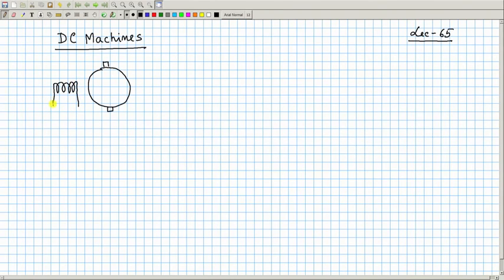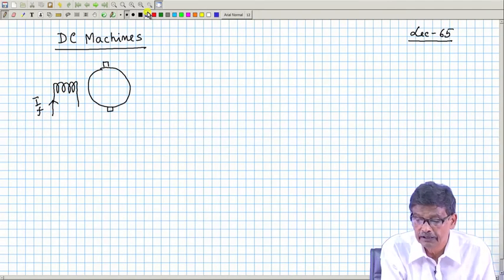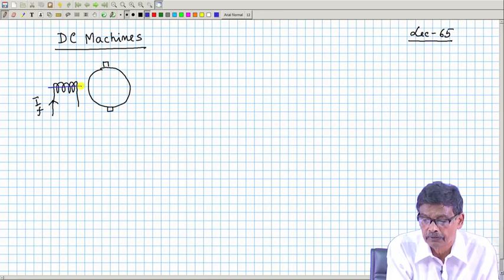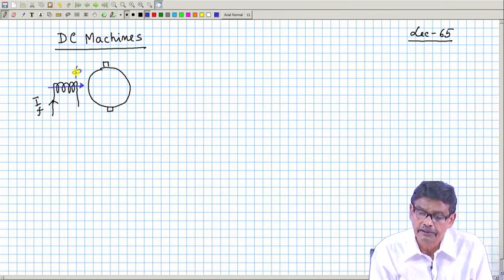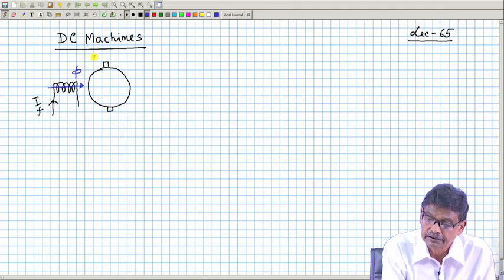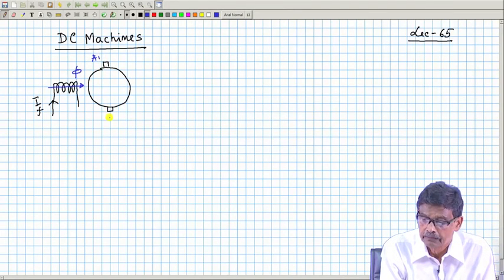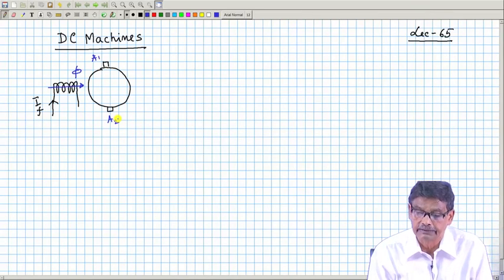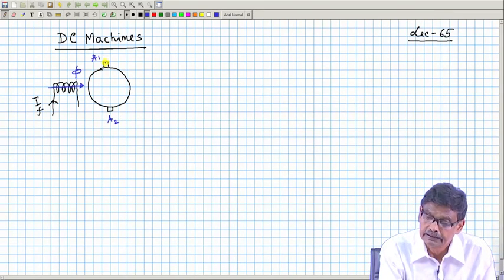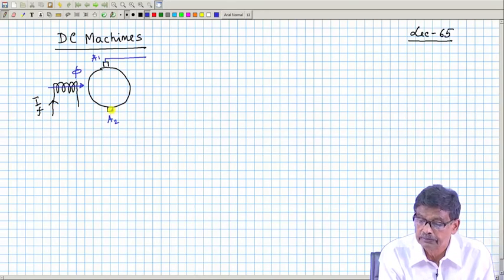The field coil is to be excited from a separate DC source when it is a separately excited DC machine, with field current IF. When the field current flows like this, the flux produced per pole is in this direction, this is called phi, and these two are the armature terminals. And these are the four terminals which will be available to us.